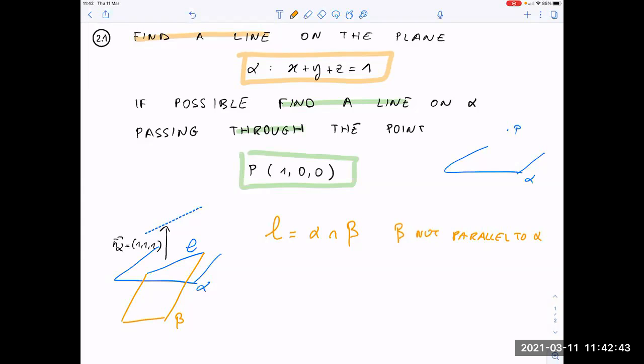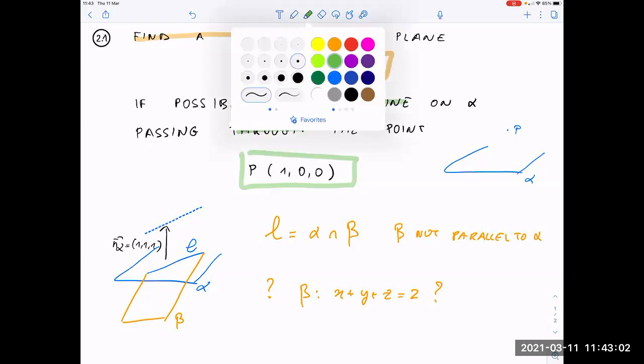Okay, so Alireza suggests for beta, x plus y plus z equal 2. Is this a good choice for beta? Or someone else suggests 3. But do you think it is a really good choice for beta?